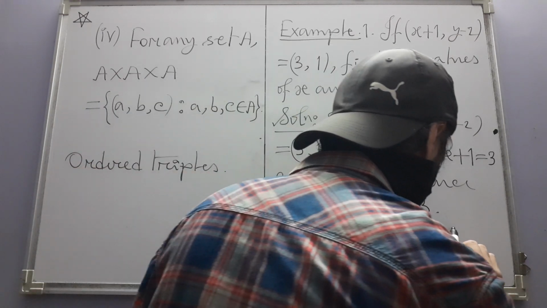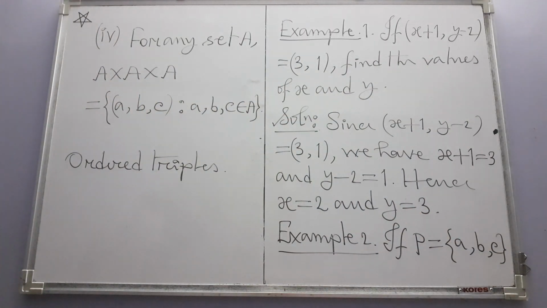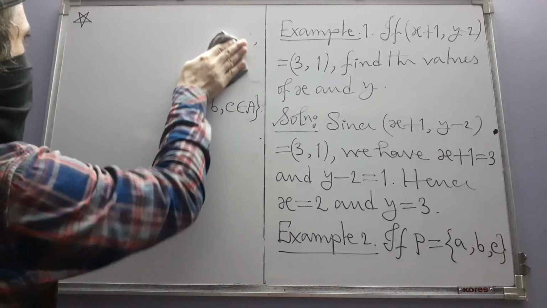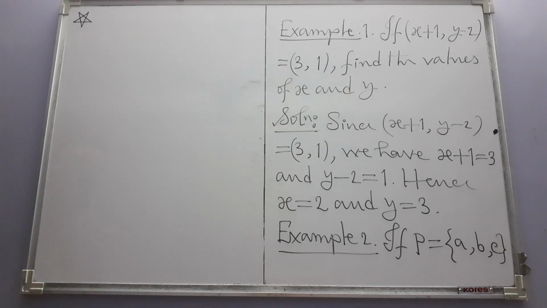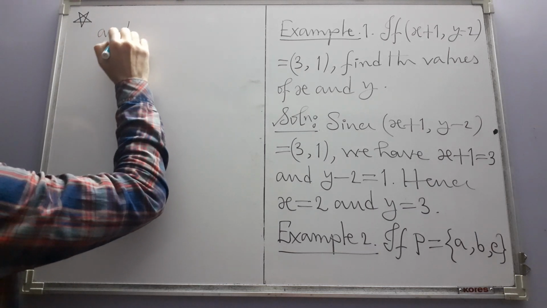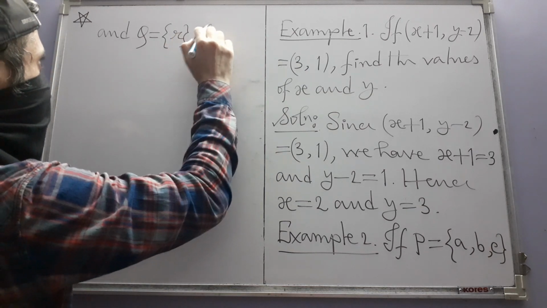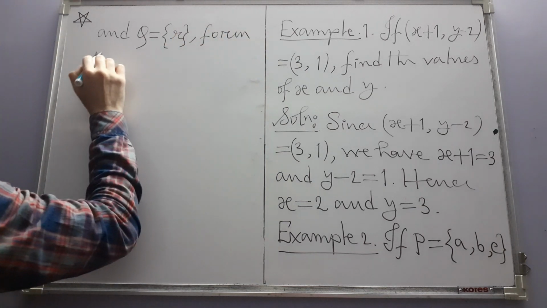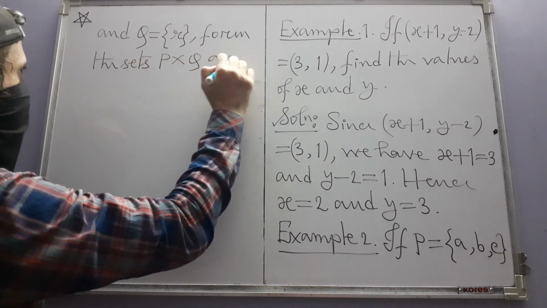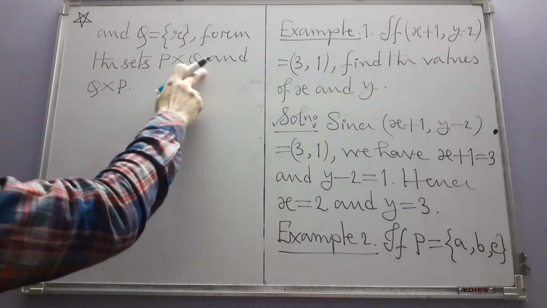The first one is the set P consisting of three objects A, B and C, and the second one, Q, has only one object, R. Then form the sets P times Q and Q times P. There is no reason you have to find only one Cartesian product.